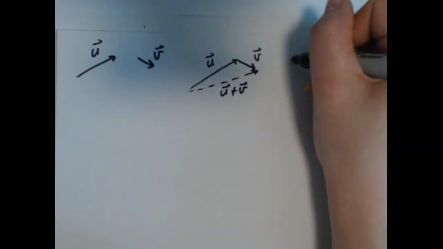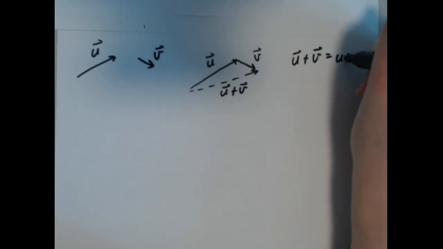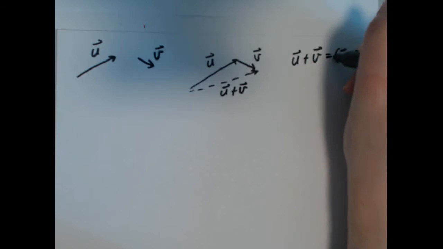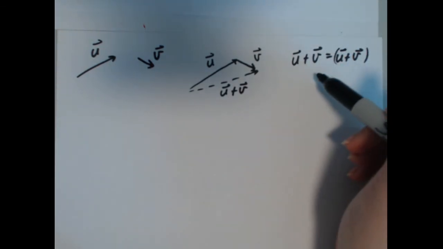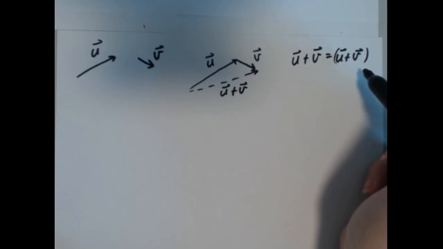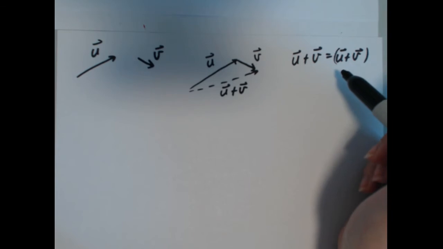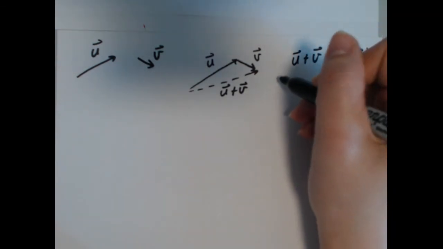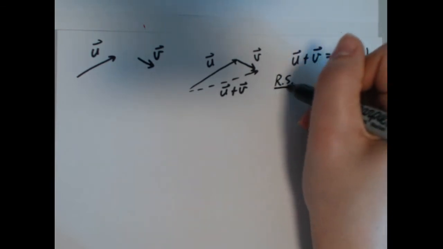Now, I can say that u plus v is equal to u plus v. Okay, so what's the point of that? Well, I know that if I have scalars, so if I have just numbers on the left and right and I multiply one side by a constant, I have to multiply the other side by the same constant. What I do to the left, I have to do to the right. So, I mean, let's say I multiply the right side by k.